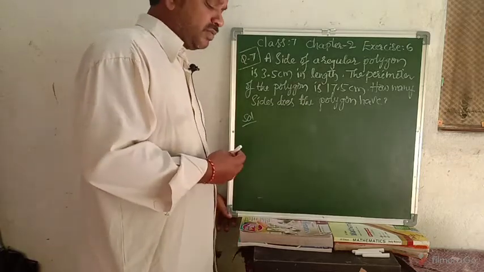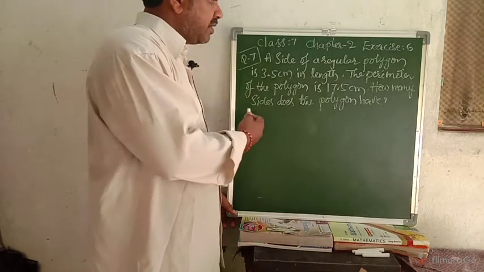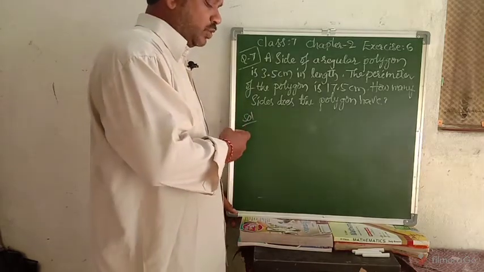To find the number of sides of the polygon, we write whatever information is in the given question.